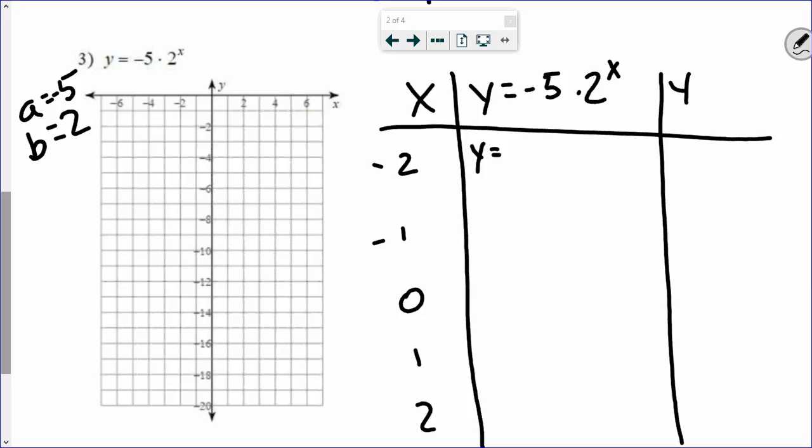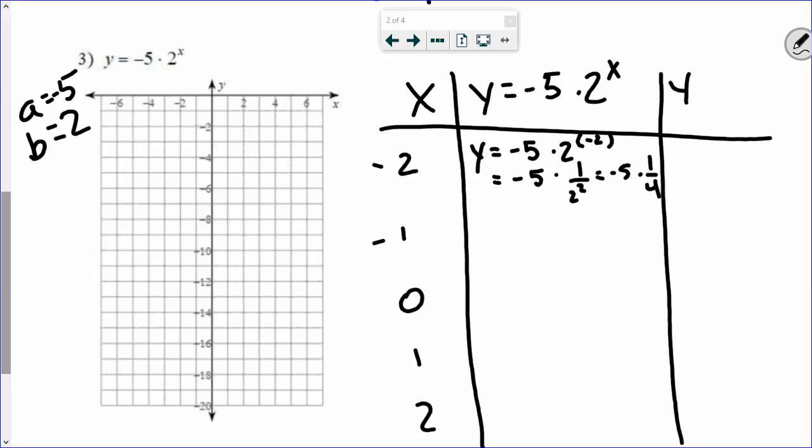So y equals -5 times 2 to the -2. I'm substituting in a negative exponent. Simplifying this, as you could plug all that in your calculator, the negative exponent becomes 1/2 squared. So this is -5. 1/2 squared is 1/4.